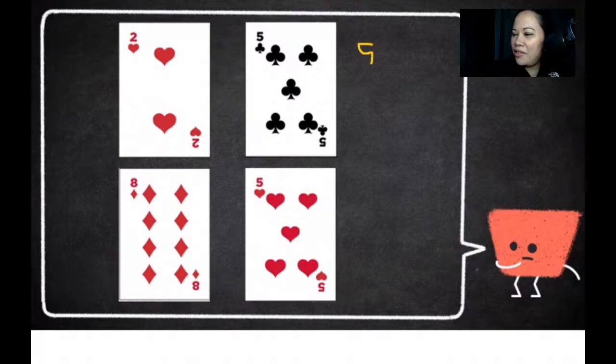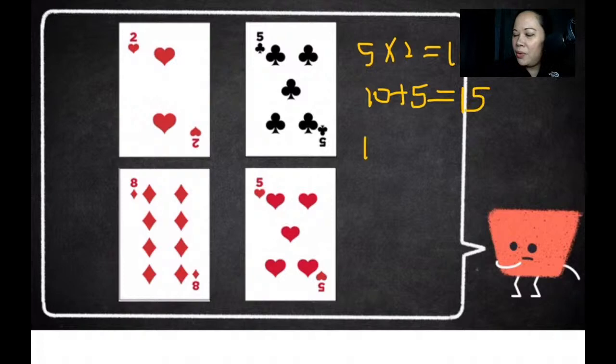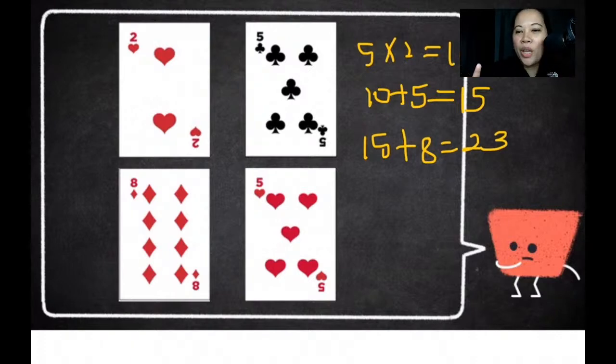Mahablanca, 5 times 2 is 10, 10 plus 5 is 15, 15 plus 8 is 23. Good try, Mahablanca. You are 1 point short.